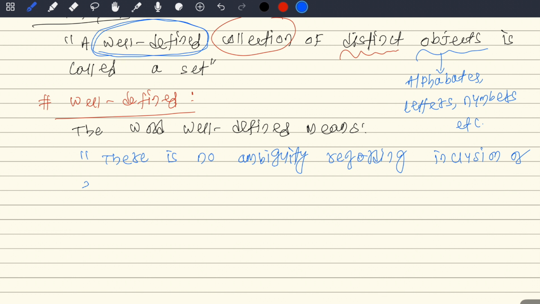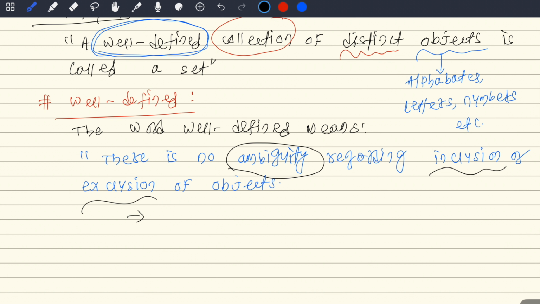What does it mean? That means there is no confusion regarding inclusion and exclusion. You must either include that object in the set or not include it. That means it should be independent of the person.